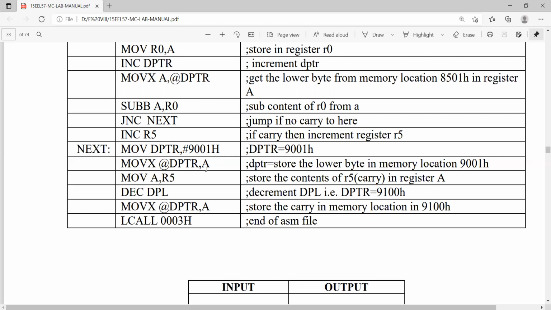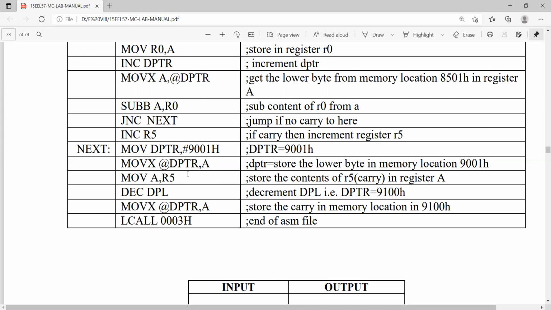So that accumulator content you can transfer to this 9001 location, that is MOVX @DPTR comma A. So it is accumulator to data pointer. Earlier it was data pointer to the accumulator, memory to accumulator. Here it is accumulator to the memory.